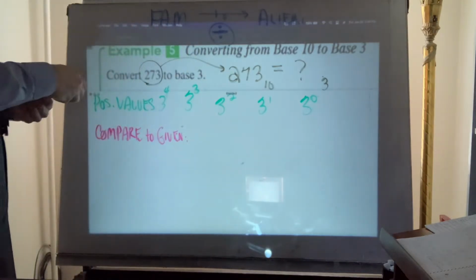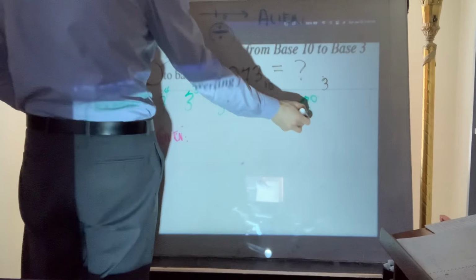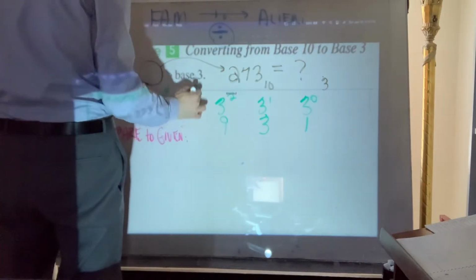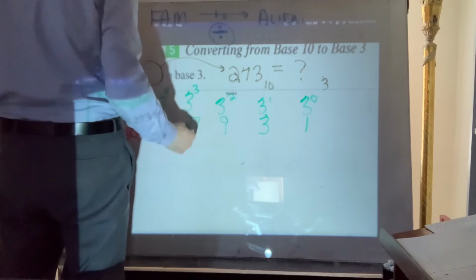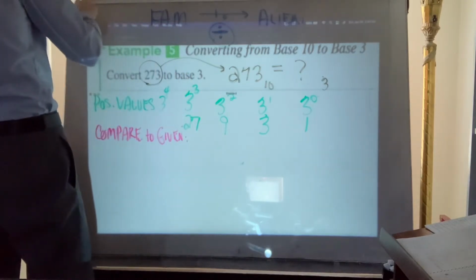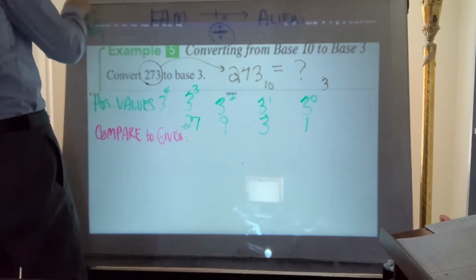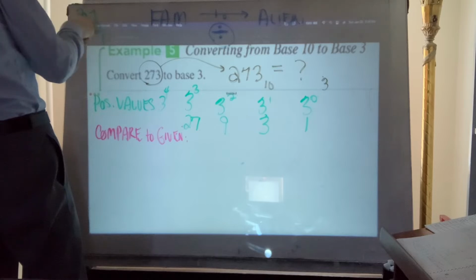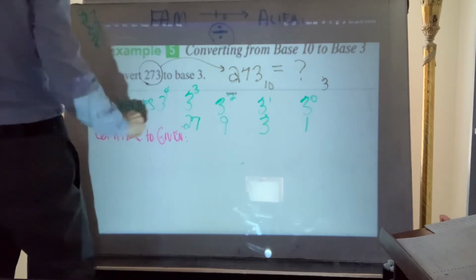So 3 to the 0 is just the amount of 1, 3 to the first is naturally 3, 3 squared is 9, 3 to the third is 27. So what's 27 times an additional 3? 21, carry the 2. We might need more than this actually, so let's see. 6, 8, 81, right?